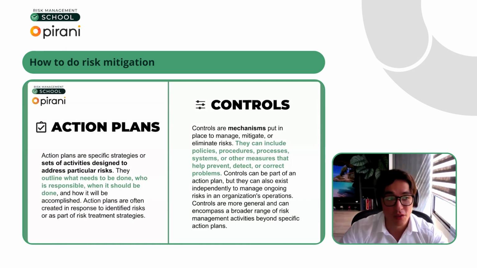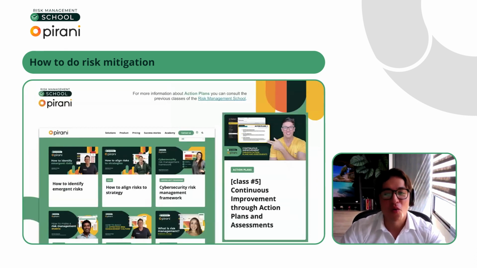Remember, action plans are important. And also, if you want to dive a little bit deeper into action plans, we have another class in the risk management school, specifically class 5, that is about continuous improvement through action plans and assessments. So we have a specific class to dive into action plans for continuous improvement. But remember that today we're talking about risk mitigation.